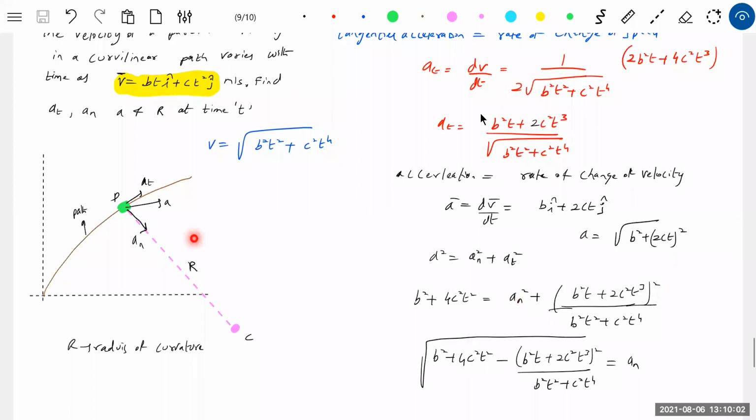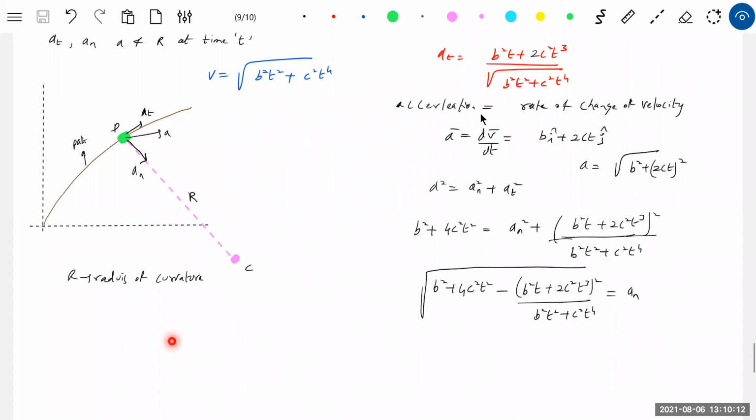I don't know the radius of curvature, that's why I am not writing A normal equal to v square by r. Now I know A normal, I know v square. Can I bring the radius of curvature? Yes. The radius of curvature will be v square by A normal. Can you recollect this? We discussed it in projectile motion. Do we know A normal? We have. Do we know v square? Substitute, and you'll get the radius of curvature.